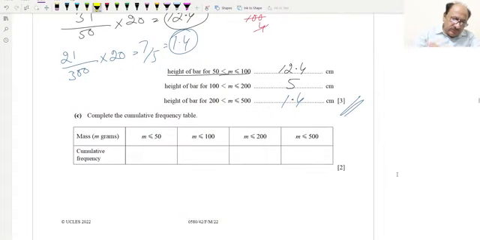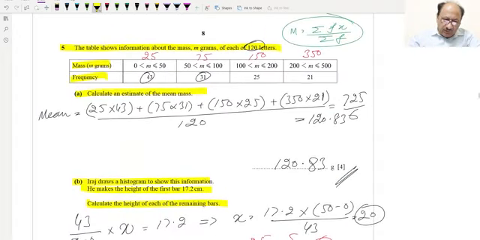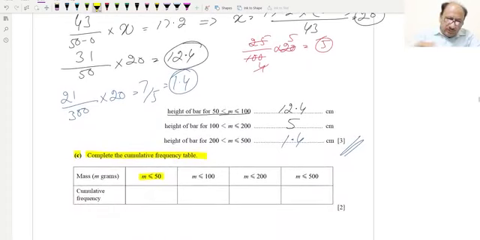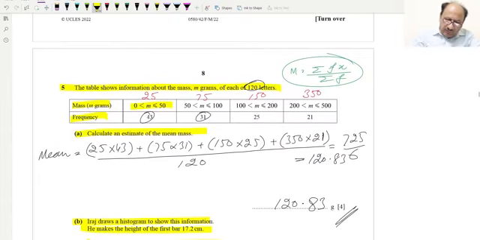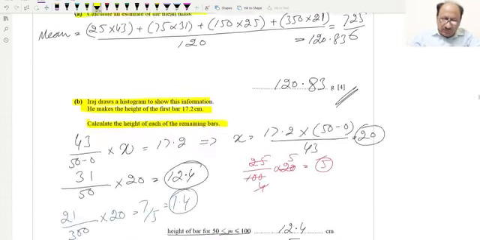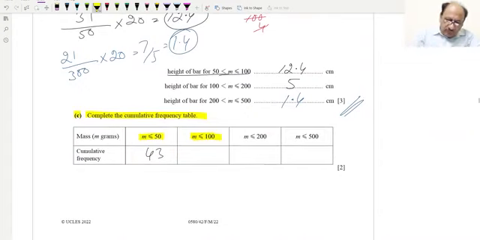Now they are saying complete C part, complete the cumulative frequency table. Less than 50, we know from here is 43, so our number here will be 43. Now less than 100, we will add 43 and 31, which will be 74, so our number will be 74 over here.